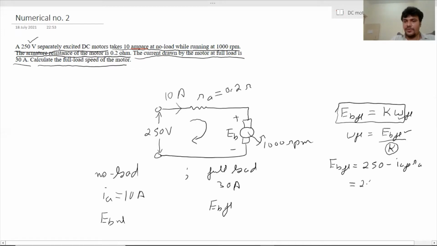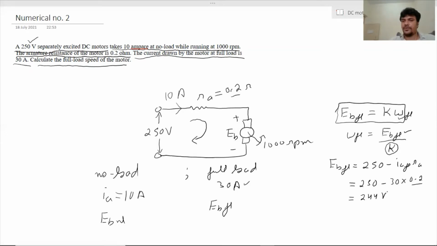What is IA at full load? It is 30 ampere. So 30 into 0.2 ohms, the armature resistance. It will become 6 volts. So final will be 244 volts, EB at full load.